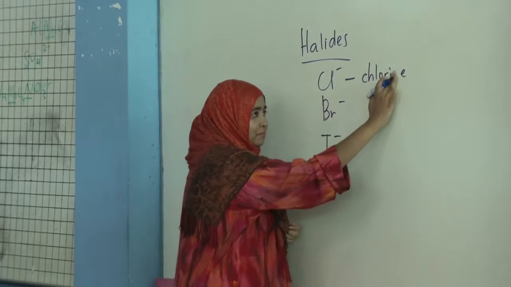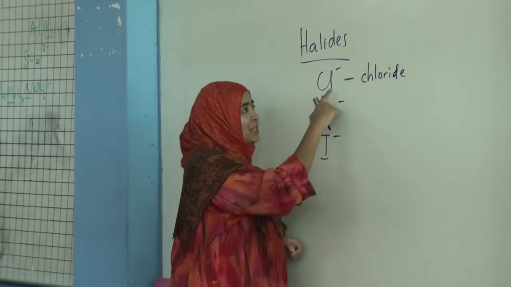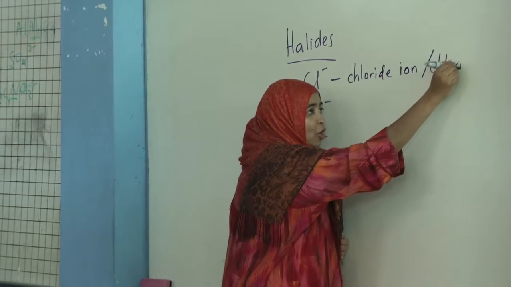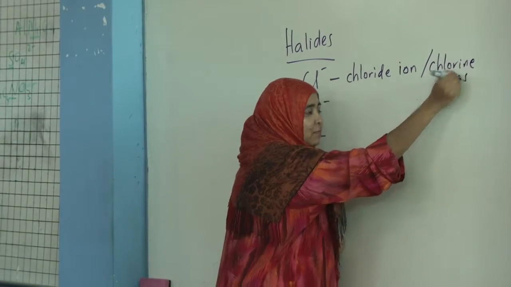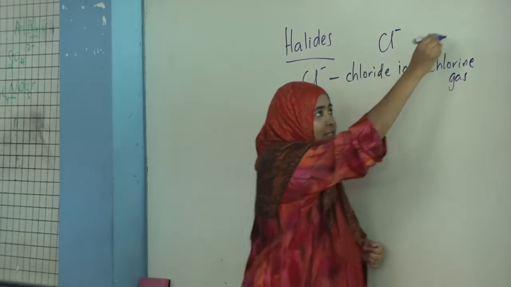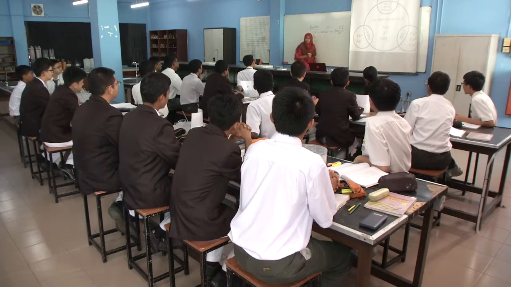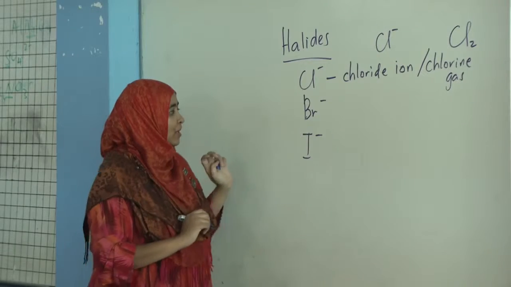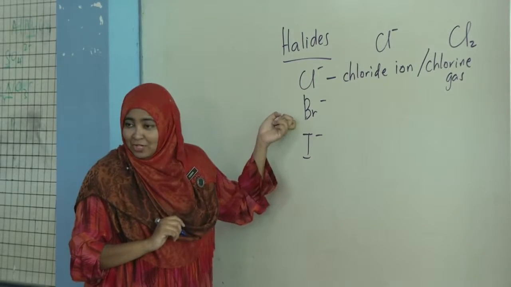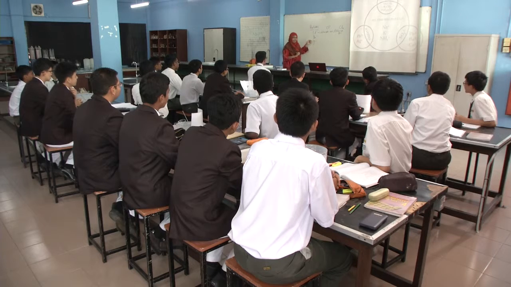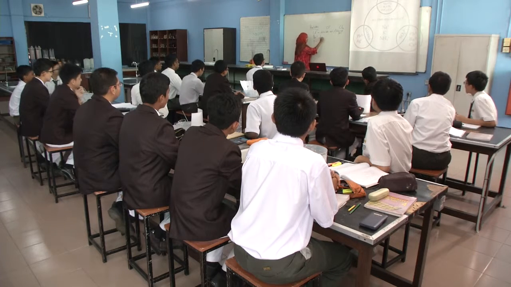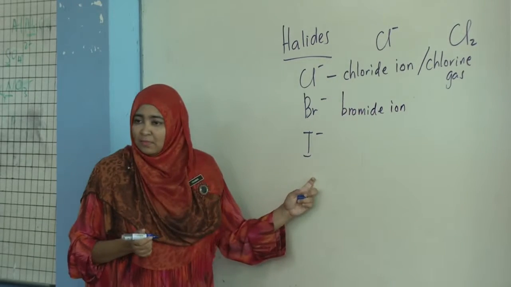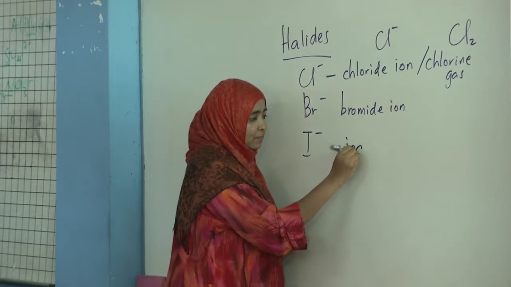Now, we say that this is chloride ion, but we say chlorine gas. This is Cl-, this is Cl2. Notice the difference, Ishal? Yes. Now, what about Br-, Ishal? Now try again. Bromide. Yes, bromide ion. I-? Iodide. Iodide ions.